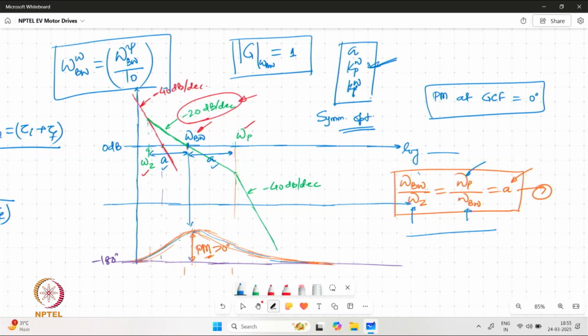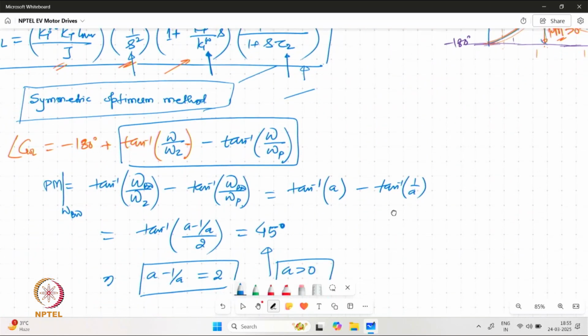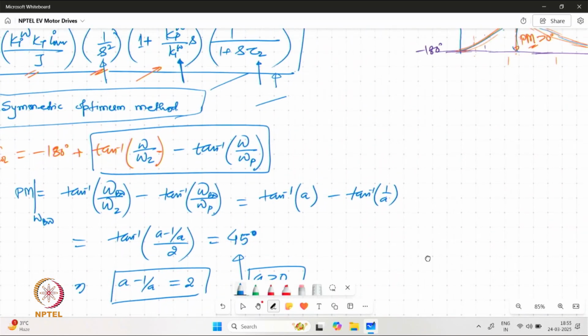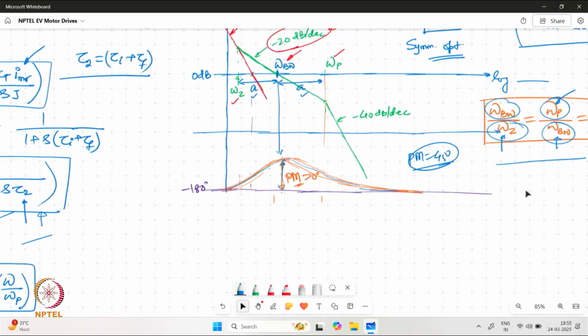One, the ratio between the different pole locations, which is basically given by A. Secondly, the phase margin, we can take a phase margin of 45 degree for keeping the system stable, and the magnitude at omega b point to be equal to 1 to ensure that we are having the gain crossover frequency at the desired frequency.